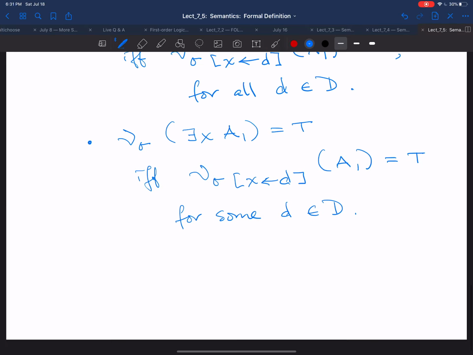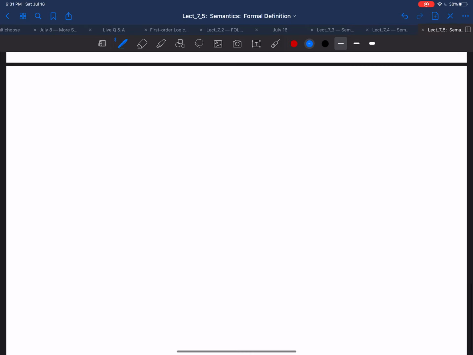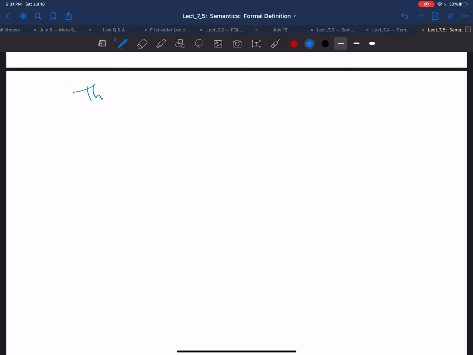That is reflected in theorem 720, which we won't bother proving.